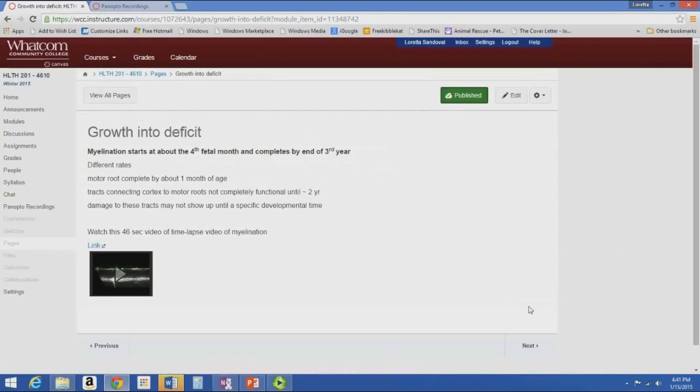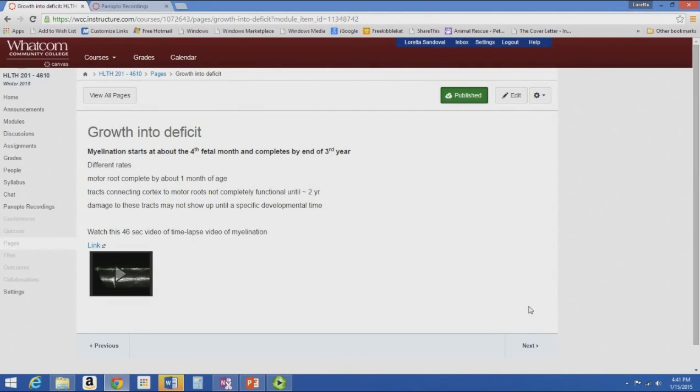So in terms of myelination, it starts at about the 4th fetal month and completes by the end of the 3rd year of life. So different neurons myelinate at different rates. So the motor root is completely myelinated by about 1 month of age, but tracks connecting the cerebral cortex to motor roots are not completely functional until 2 years.